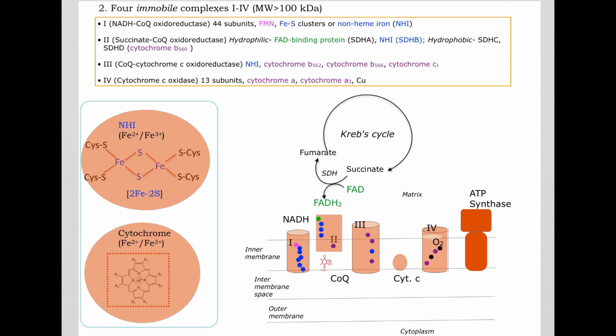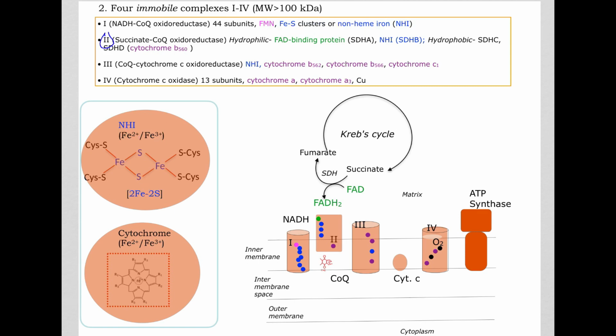And then complex 1 has several iron-sulfur clusters, also called non-heme iron. Here's an example of an iron-sulfur cluster. There's 2 iron covalently bound to 2 sulfurs. Remember, this iron can be in its reduced form, Fe2+, or it can interconvert into its Fe3+.